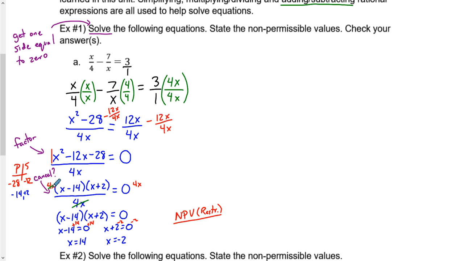Of course, yes, we cross off here by that multiplication, but at one point in time we had the 4 and the x. 4 never equals 0, but x can equal 0. So as our restriction, we say that x cannot equal 0, and that's our only restriction.